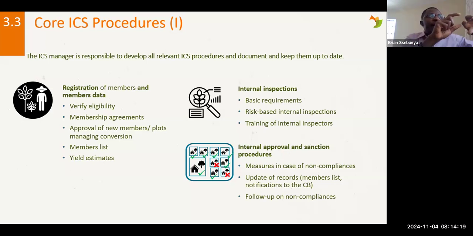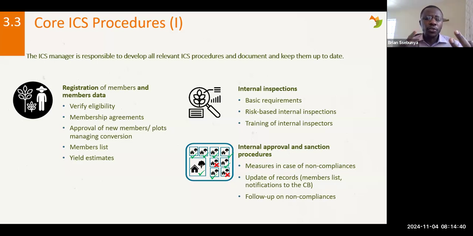When you write a procedure, it's the sequential elaboration of what happens in that exercise, highlighting who does it, when they do it, and how it is done. If your procedure misses that information, then it's not complete.